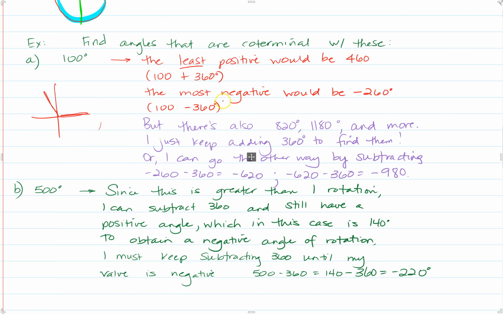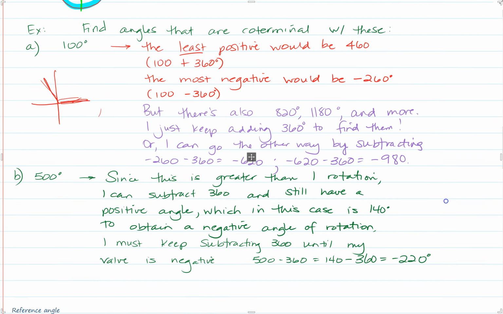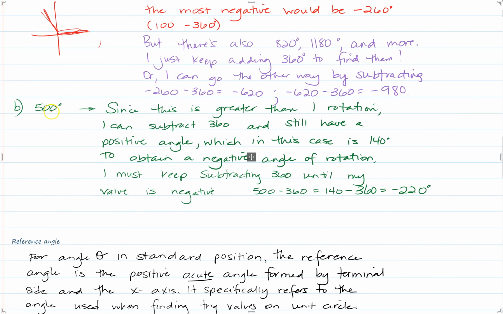If I want the most negative, I have this 100 degrees, and they say find a negative angle that's coterminal, with the same initial side and the same terminal side. You would say 100 minus 360, so that's going to be negative 260. It's kind of simple. When it gets hard is when you have something that's already over 360.